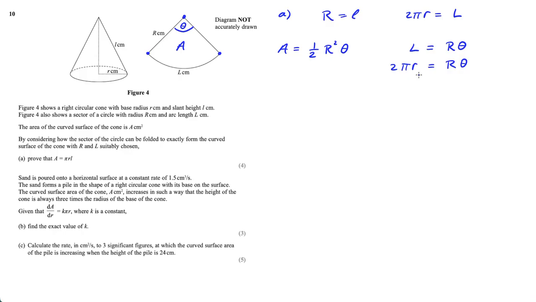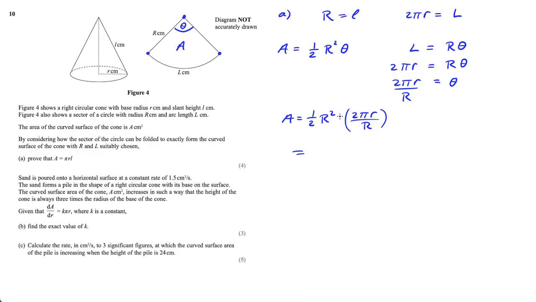So then, because we don't really want a theta in this, well, we don't want an R either, but we certainly don't want a theta. So let's make theta the subject here. So it's 2 pi r over capital R, which means this area is a half R squared theta, which is a half R squared times 2 pi r over big R. Now, the 2's are going to cancel.